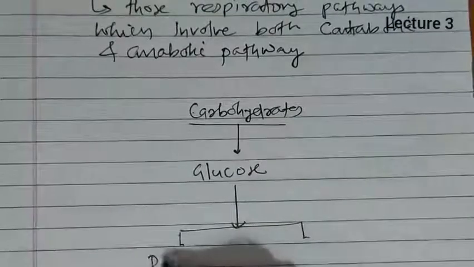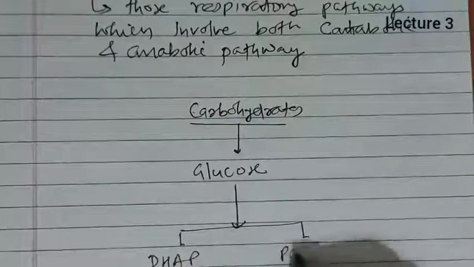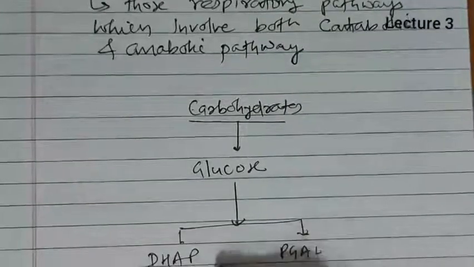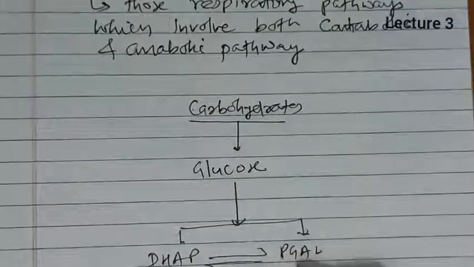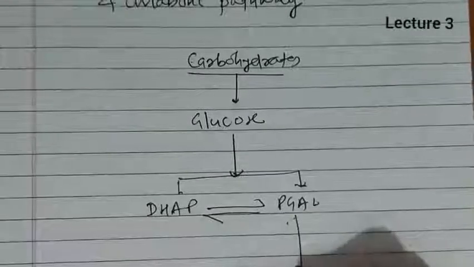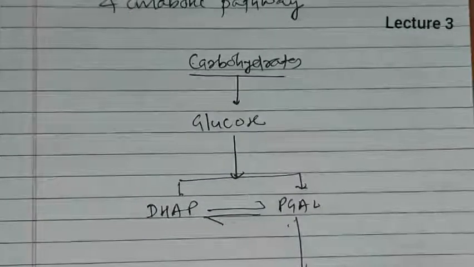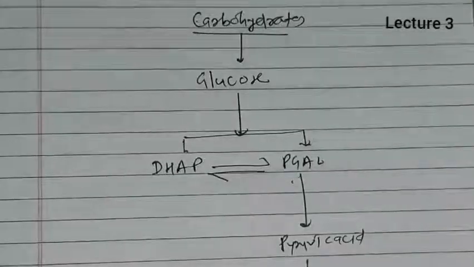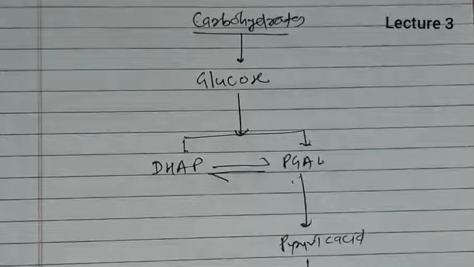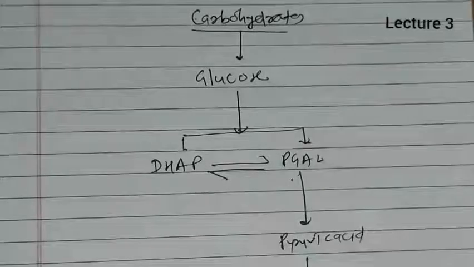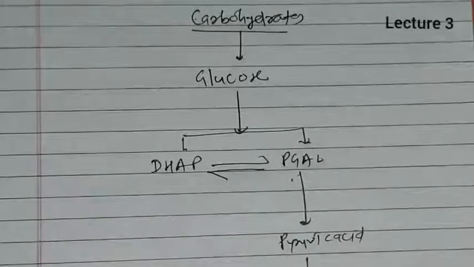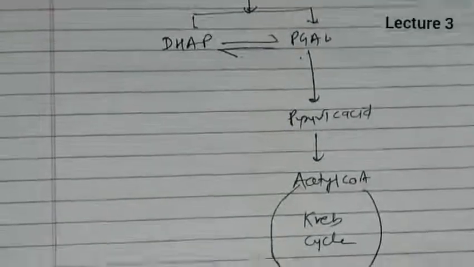This DHAP and PGAL are isomers, this PGAL will form pyruvic acid, as we know, this pyruvic acid will form acetyl coenzyme A, and acetyl coenzyme A will carry out the Krebs cycle. So this is a normal breakdown of glucose.